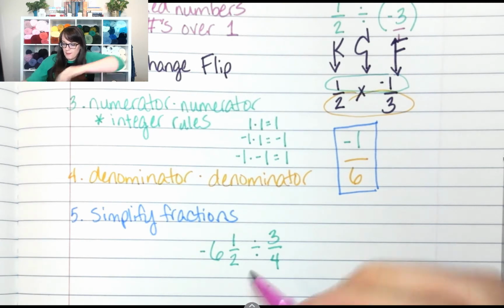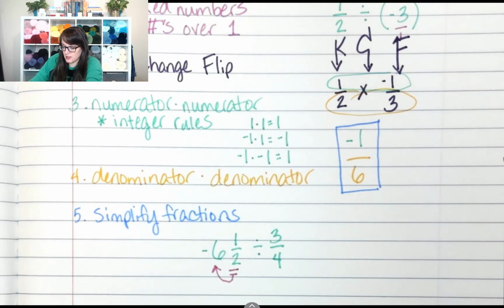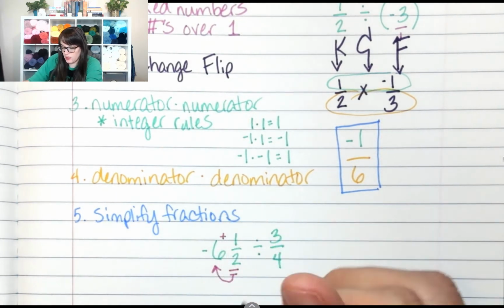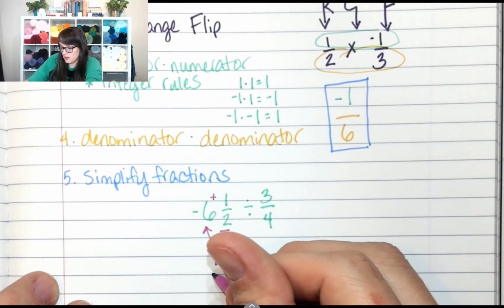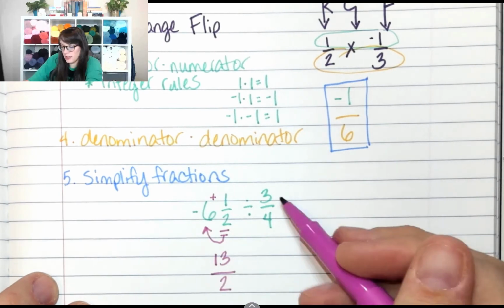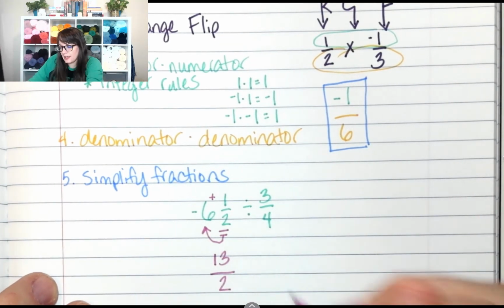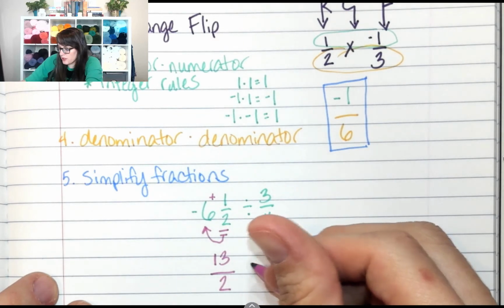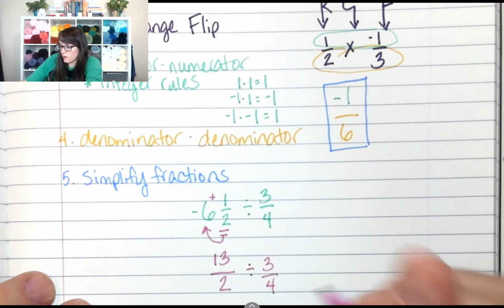I do that by doing 2 times negative 6 plus 1. So that's 12 plus 1 is 13. So I've got 13 over 2. Is this one okay? Can I keep it? Yeah, I can keep 3/4. It's not a mixed number. It's not improper. It's a regular fraction. So I'm doing 13 over 2 divided by 3 over 4.